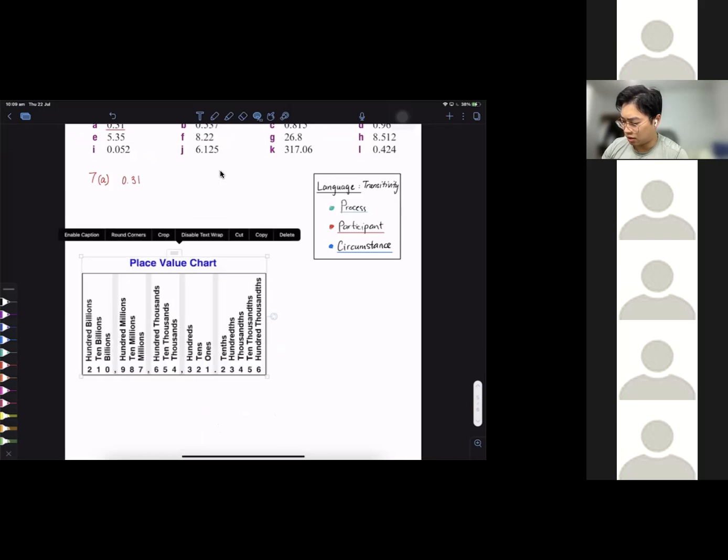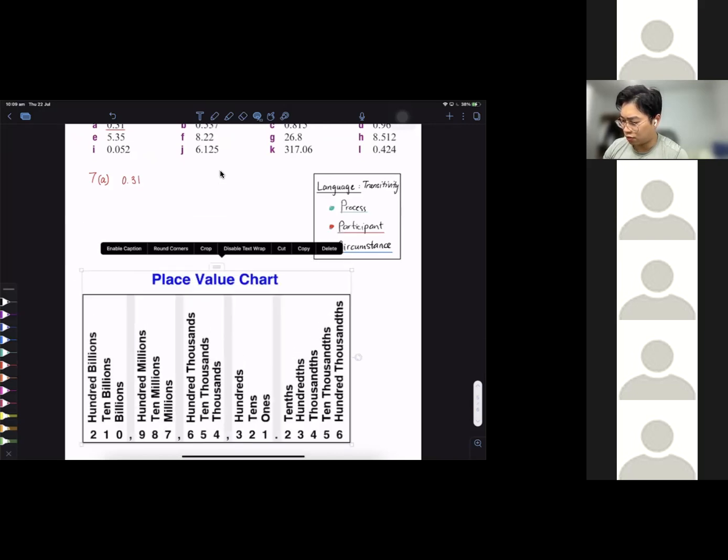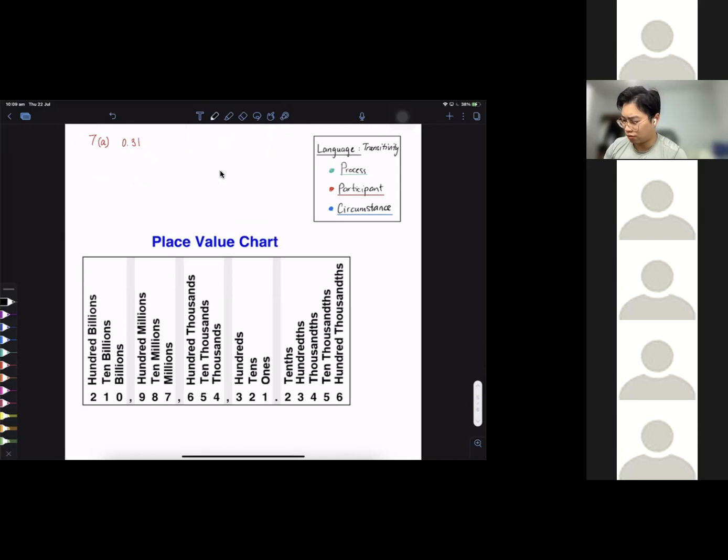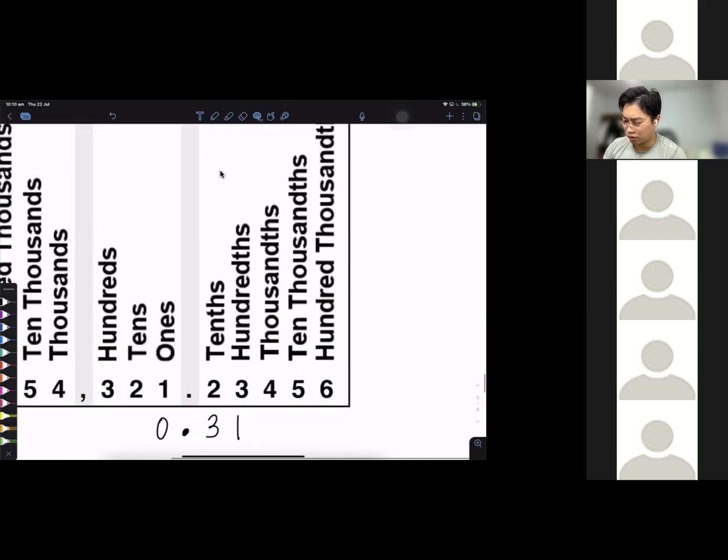You'll be able to see that the 0.31, if you write your value there, there's a decimal point, and we've got 3 and 1. You can see we go to our hundredths, okay? So when we look at these values here, it's important for us to understand what the hundreds, tens, ones, tenths, hundredths, and thousandths mean.